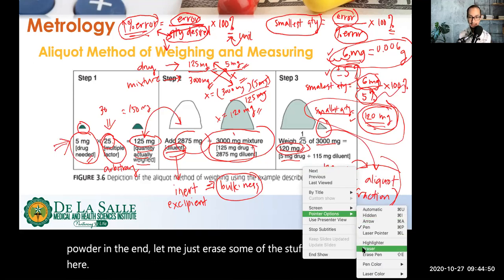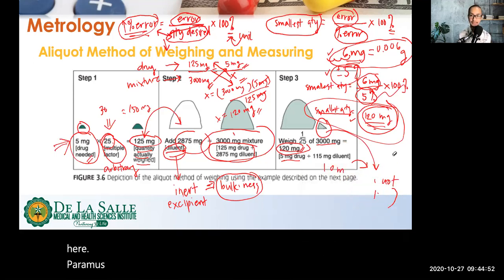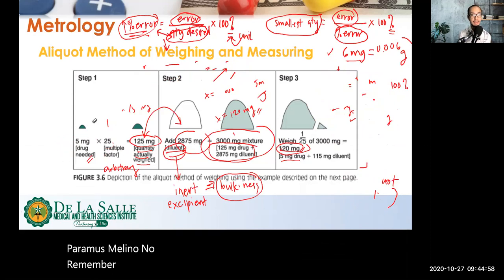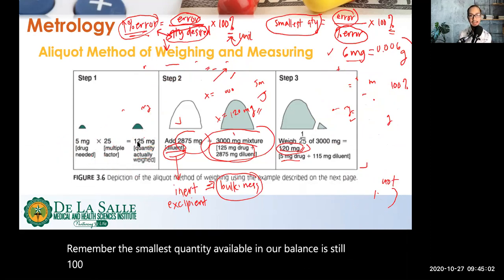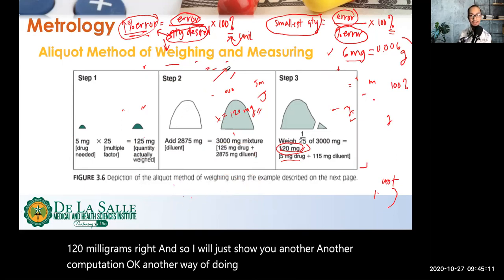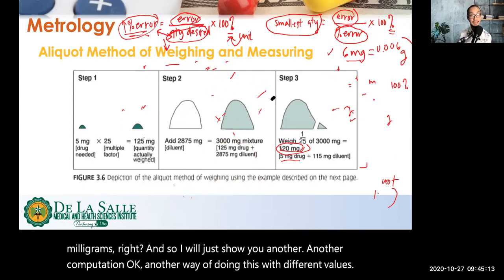Ayan, para mas malinaw, no? Remember na the smallest quantity weighable in our balance is still 120 milligrams, right? And so I will just show you another computation, okay? Another way of doing this with different values, but still acceptable.